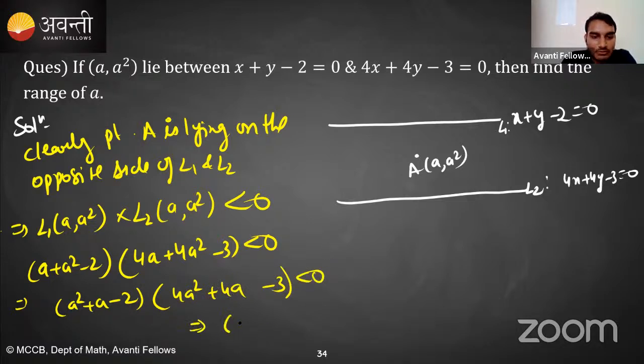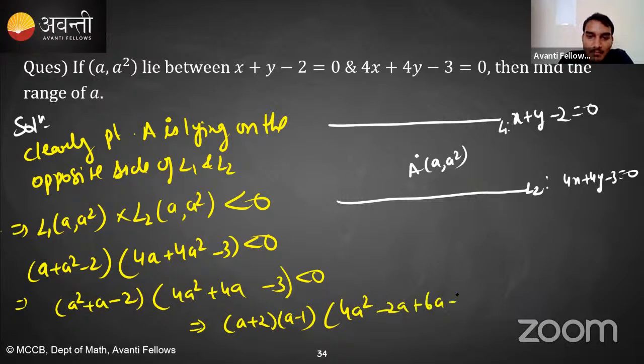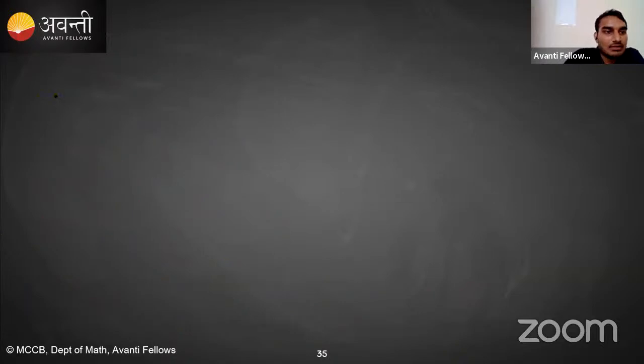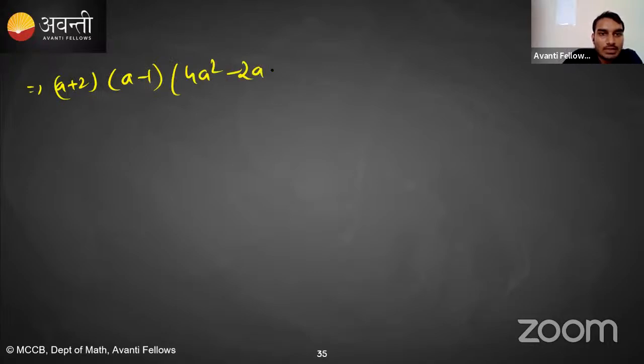So write this more carefully. You can factorize it and write a plus 2 into a minus 1, and factorizing this, 4a square you can write as, let's say, minus 12. So 6 into 2, so minus 2a plus 6a minus 3. So this is nothing but a plus 2, a minus 1, 4a square minus 2a plus 6a minus 3 less than 0.